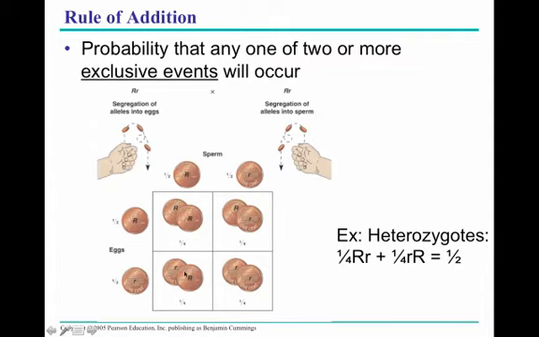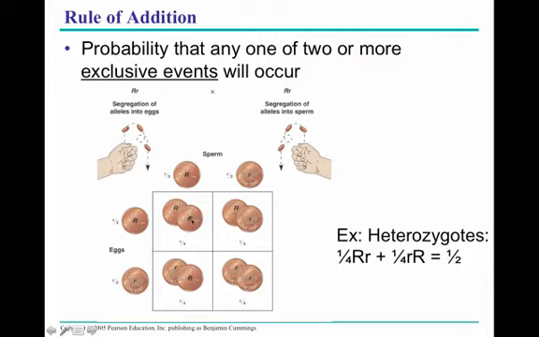And then the same for the one down here, half a chance for the dominant allele, and half a chance for the recessive allele, a quarter of a chance for this organism here being heterozygous.